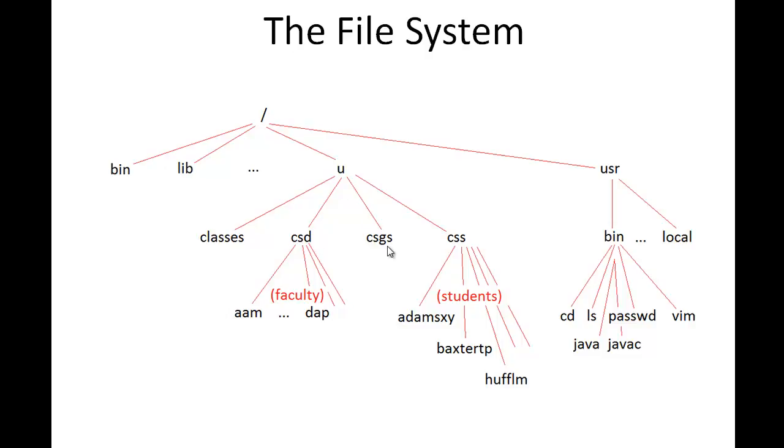There are graduate students in our department, and CSGS is a group of graduate students, and then there are lots and lots of undergraduates, and that group is called CSS for just computer science students. This is where your account will be housed on the machine. Mine is over here. This is my account, DAP, my initials.